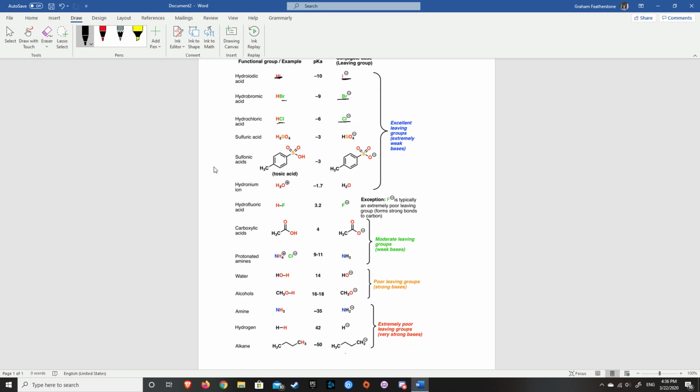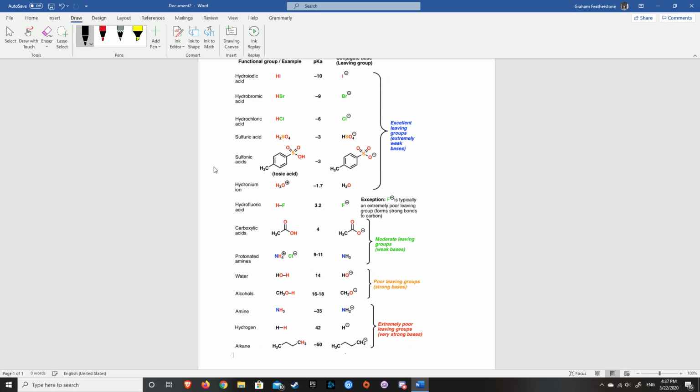Just by following the rules. So basically the negative charge equals a better nucleophile when compared to its conjugate acid. And also just that nucleophiles need a lone pair of electrons to donate.